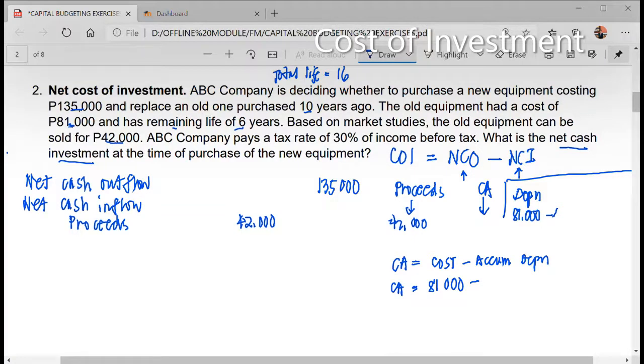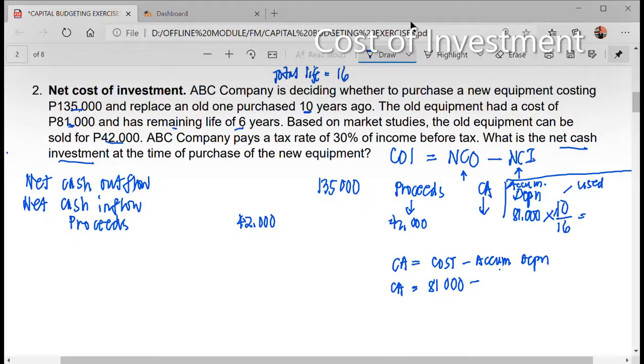To get the accumulated depreciation, this would be the formula. You multiply by the used years, and that's 10. So, multiply by 10 years over 16. This 10 is your used. Okay? This is to compute the accumulated depreciation.